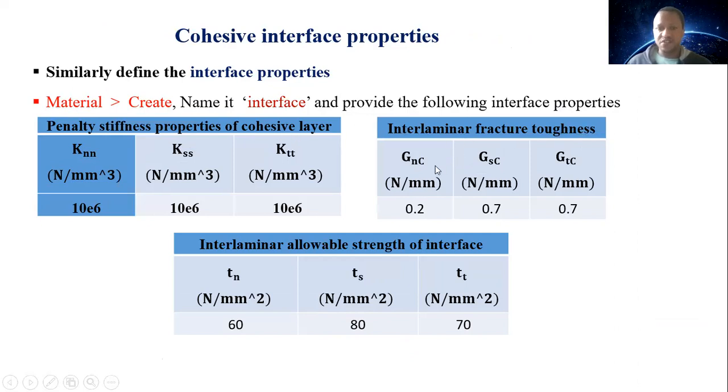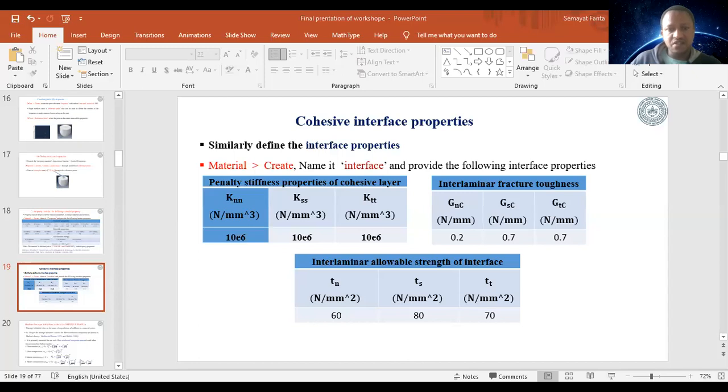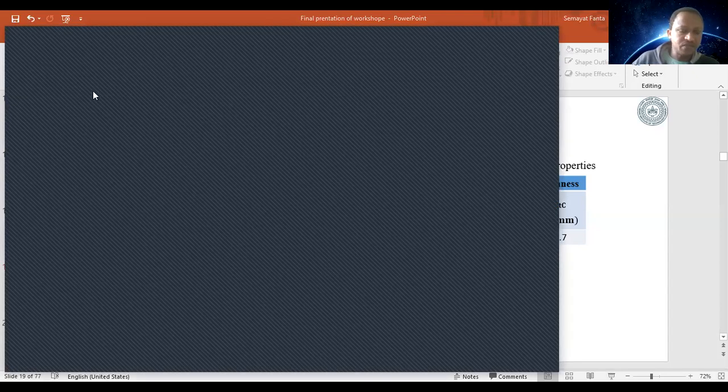Interlaminar fracture toughness for the interface is there. Interlaminar strengths of the interface are there. These should be assigned to the cohesive interface. So let's delete the name interface. Interface or cohesive, we can call it cohesive.